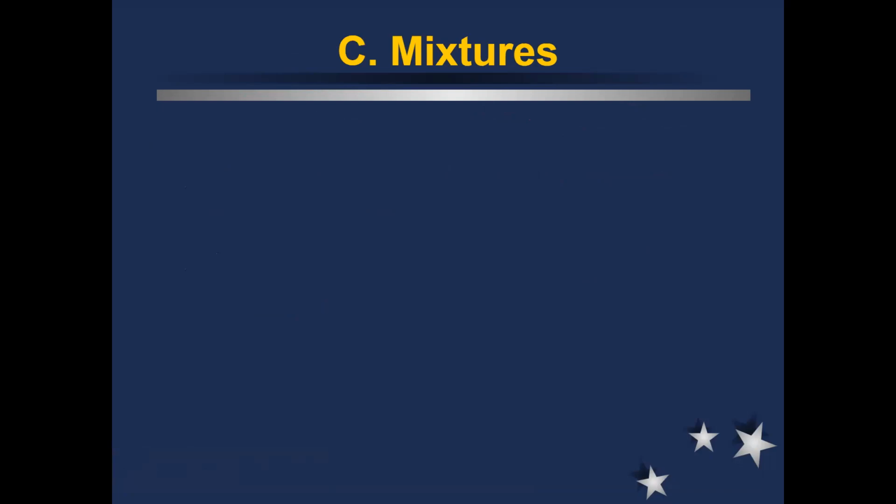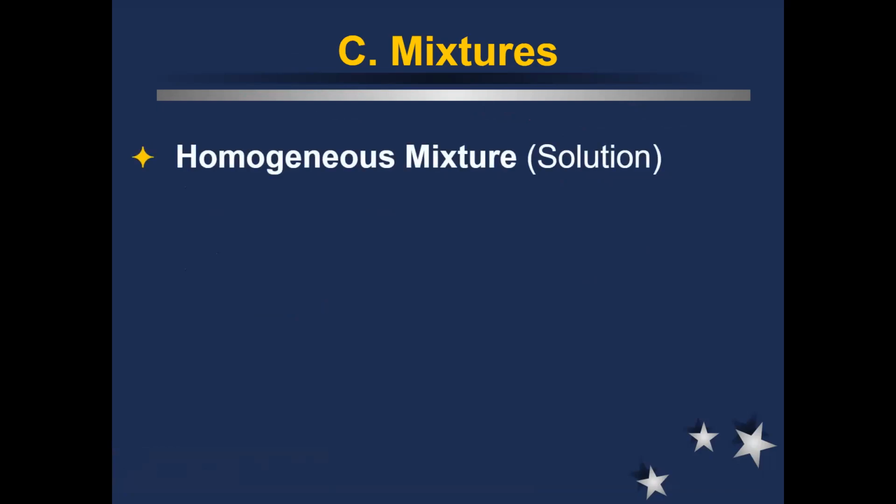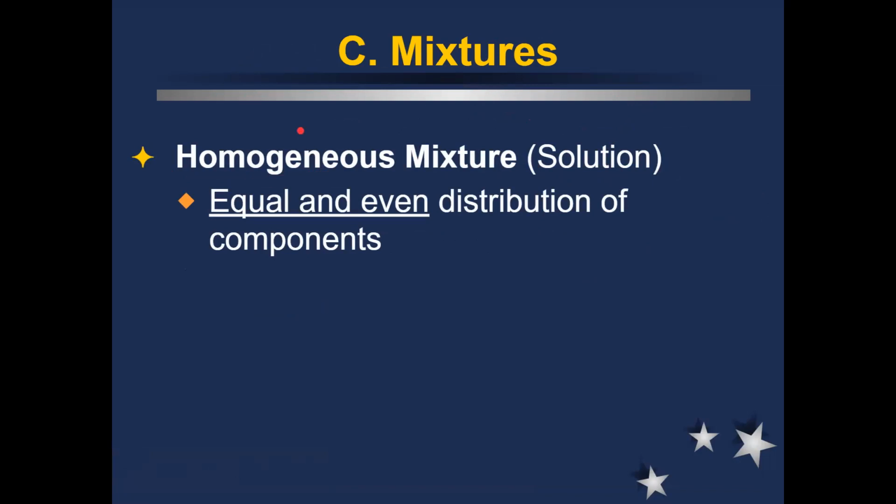So we can break down our mixtures into two different categories. Our first one is called a homogeneous mixture, also known sometimes as a solution. And homogeneous mixtures, as you might be able to tell from the name, are when all of the different particles in this mixture are totally equally and evenly distributed throughout the mixture.